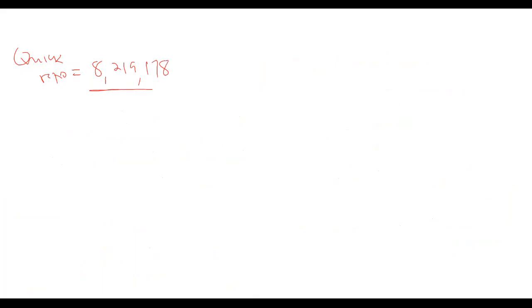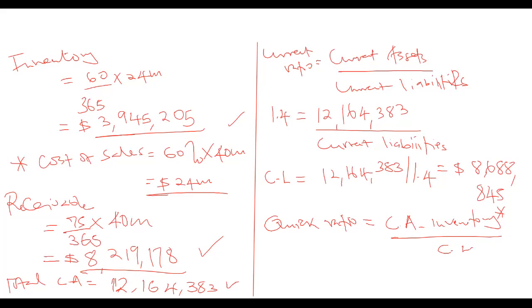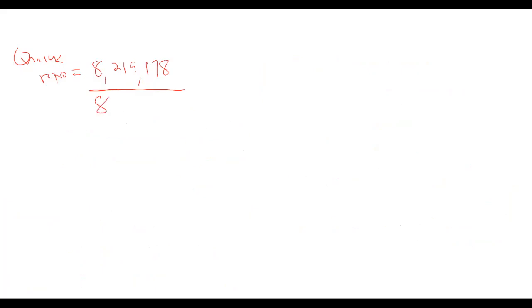We divide by the current liability which you have just obtained, 8,688,845. That gives us 0.95 times. And that's the target quick ratio.